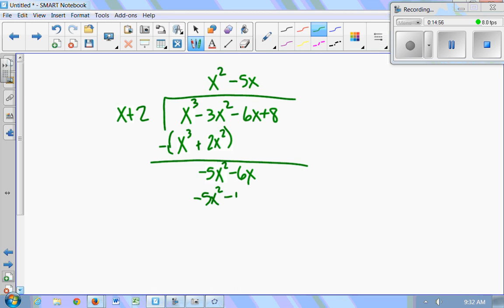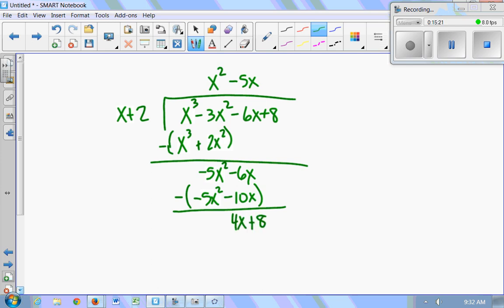Negative 5x times 2 is negative 10x, and subtract. So negative 5x squared minus negative 5x squared gives you 0. And negative 6x minus negative 10x, that's really negative 6x plus 10x, which is 4x.